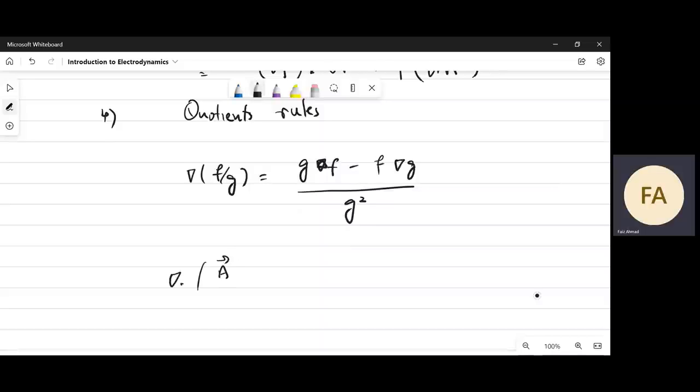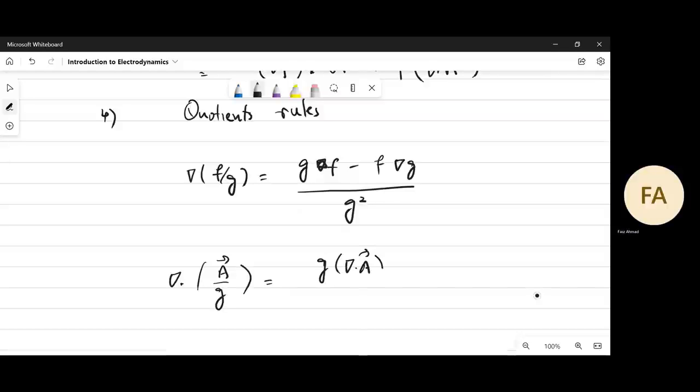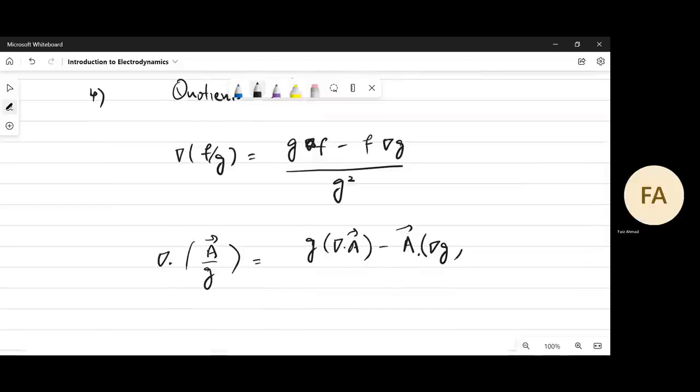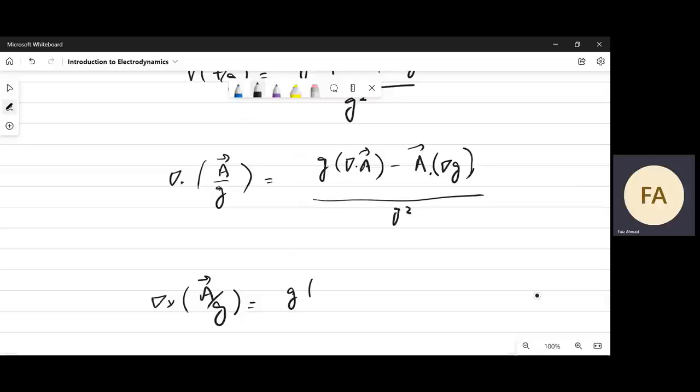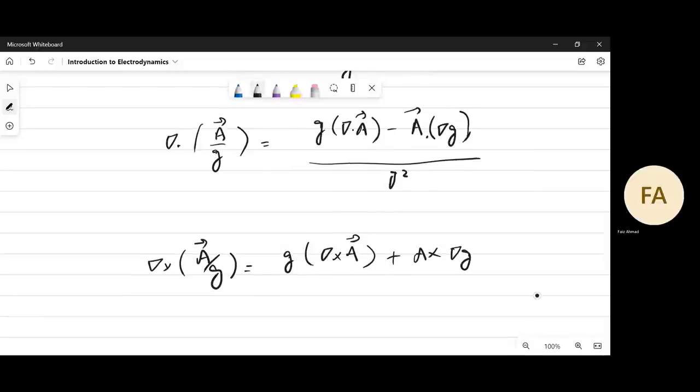The divergence of A over g is (g del dot A minus A dot del g) divided by g square, and the curl of A over g is (g del cross A plus A cross del g) divided by g square.